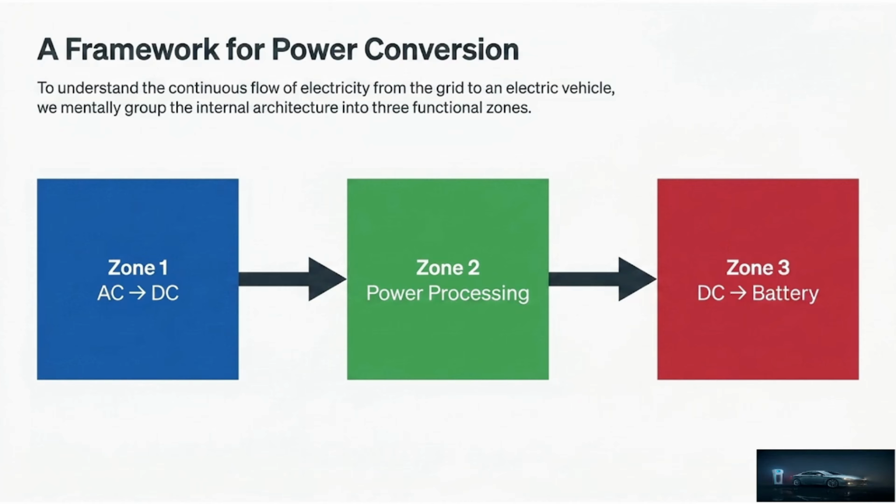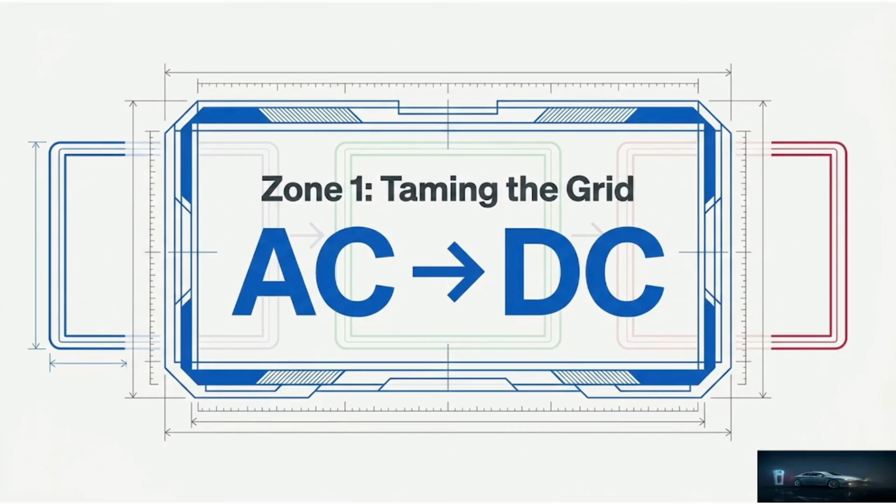We had already obtained DC in zone 1 and zone 2. So the question is, why do we still need all these components that are lying in zone 3? Why are they needed?